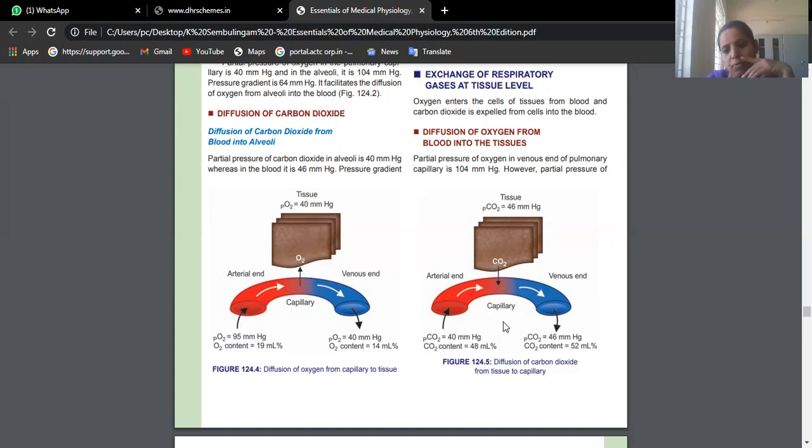Now diffusion of carbon dioxide. See here, how much is the carbon dioxide concentration in the tissues? 46. And how much is towards the arterial end? 40. So you see the arrow in reverse direction. Now carbon dioxide is diffusing back from the tissues to the venous end of the capillary.